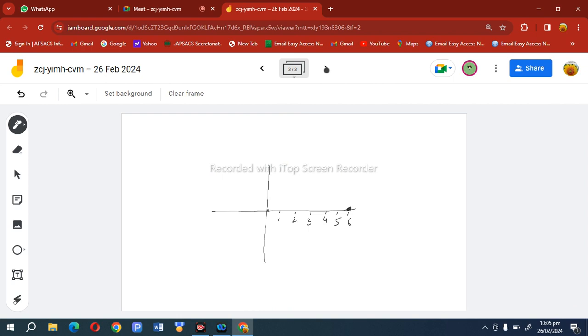Since a is positive, your parabola will open upward like this. So this is your answer. This is how you have to draw the graph. I hope it's clear to you. Your axis of symmetry is 6, right? So this is your axis of symmetry.